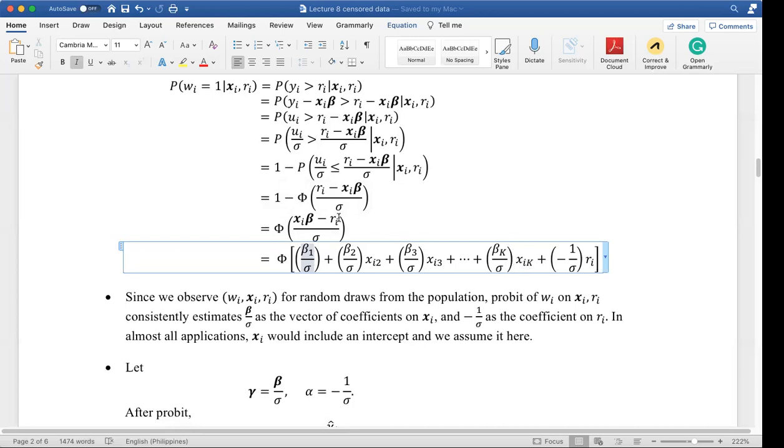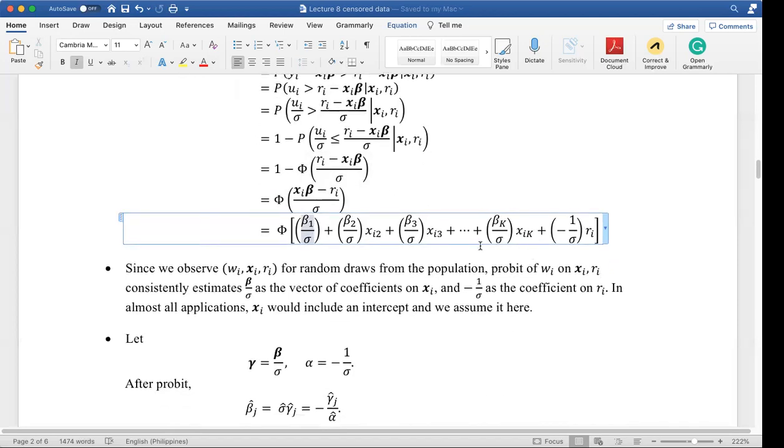But you have this minus R sub I over sigma. So this expression in brackets is just this.